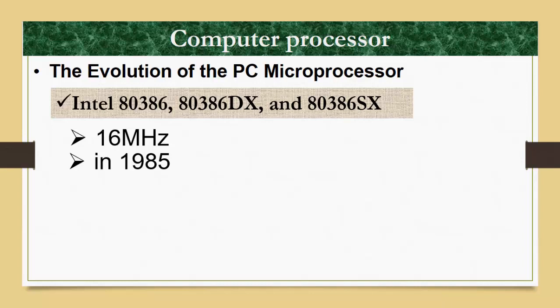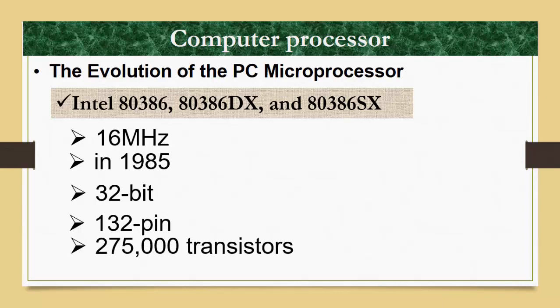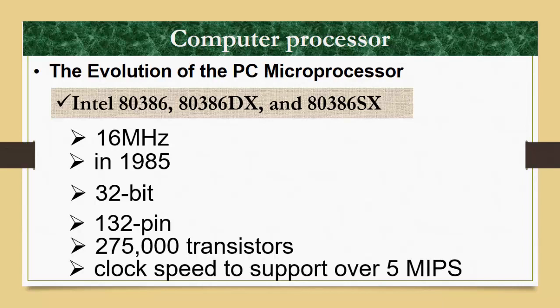The 386 microprocessor was a full 32-bit processor packaged in a 132-pin PGA package. The 386 had 275,000 transistors and had the clock speed to support over 5 million instructions per second, while it had a 32-bit mode, which meant it was able to move data in 32-bit chunks.